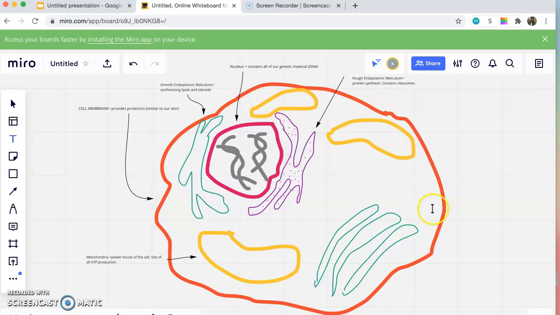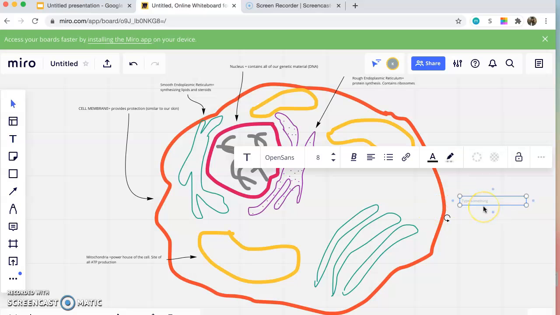All right, so that is our Golgi apparatus. The Golgi apparatus is basically where all of the proteins are packaged and delivered. So the Golgi apparatus itself, oh, and I added an extra E there. That's just, okay. So the Golgi apparatus packages and delivers all proteins.